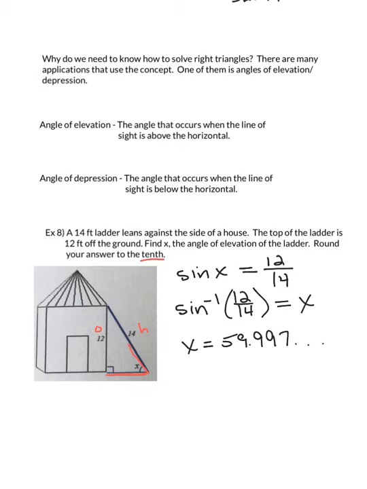We were told to round to the tenth. Well, because we have 9, 9, and 7, this is going to round everything up, and it's going to become 60. And since what we found was the angle, that is 60 degrees.